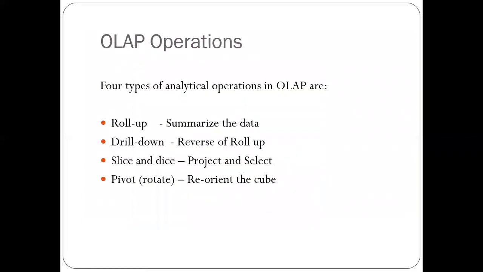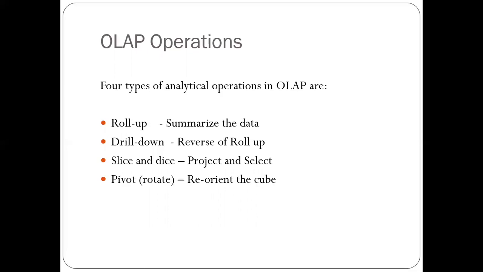So if you are showing some value, how will it be? You'll be having different operations, like 4 operations. These are all the questions they will be asking in interviews. What is roll up, drill down, slice and dice, pivot operations, everything. Okay. So roll up is nothing but summarizing the data. See, you have Q1, Q2, Q3, and Q4. If I'm asking for the year-wise data, you'll be summing up all the Qs, right?